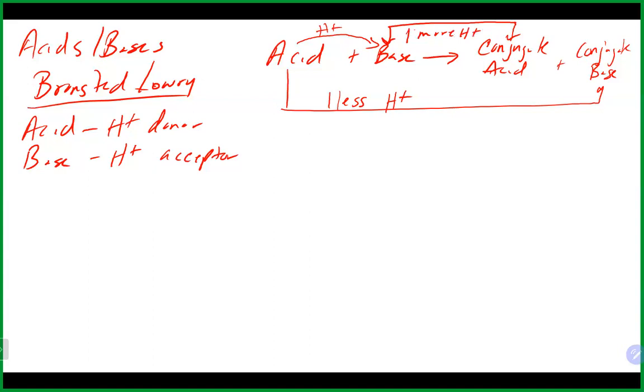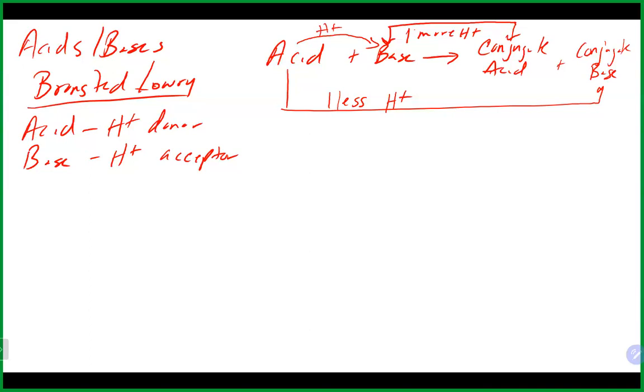Remember that they do have to only be a difference of one H plus in order to be partners and pairs. They cannot be anything more than that. Otherwise, they are not related to each other. Always the regular old acid and base are found on the left-hand side of the arrow. All your conjugate acids and bases are on the right-hand side of the arrow.